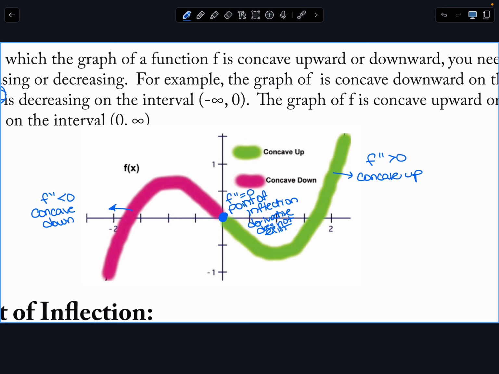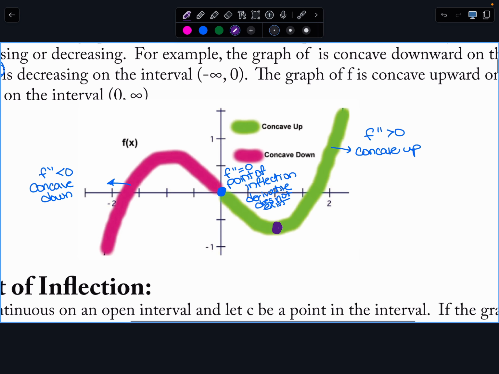Something else that you can know about the second derivative, and you'll see this as we go into other parts of this section, is that even though we're not saying anything about the first derivative, technically this looks like a relative minimum. And at my relative minimum, we could say that that exact point was on a concave up interval.